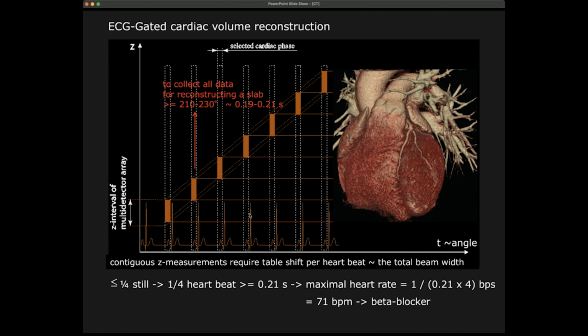So we scan a lot of sick patients, and most sick patients in cardiology are taking beta blockers as medication, which reduce the heart rate, so make it slow enough, and also reduce in some way the variability of the heart rate. So actually, that's an advantage: sick people can be better scanned than normal people who might have a faster heart rate or more heart rate variability.